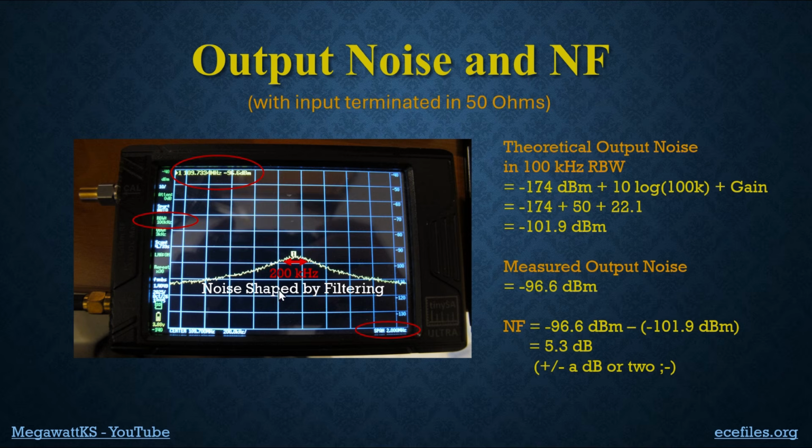And it also depends on how good the spectrum analyzer is at getting you close to the actual power that it's spitting out, minus 96.6. I have previously qualified this Tiny SA Ultra to be within about a dB or two. So our noise figure is about 5 dB. Could be off a little, but I don't really care for the reasons we've been talking about.